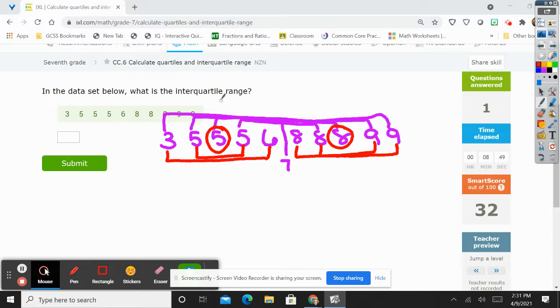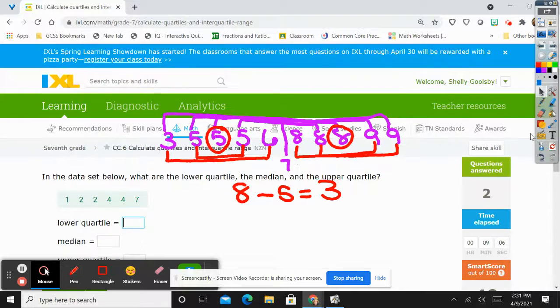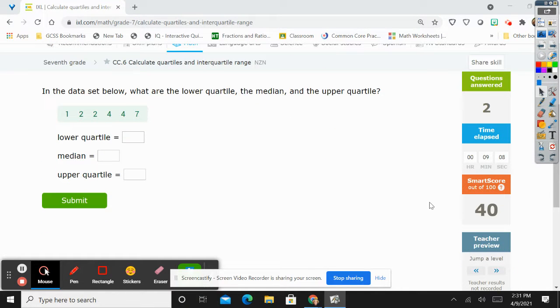So for the interquartile range, you subtract 8 minus 5, and my answer is 3. Okay? And then we're back to where we were.